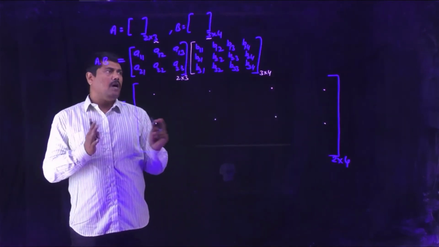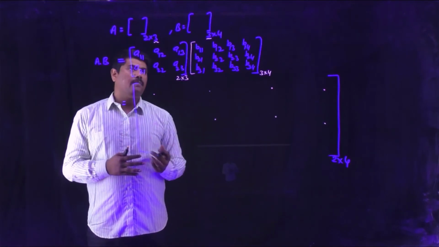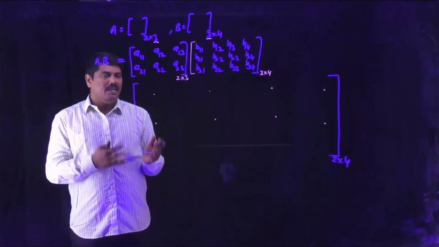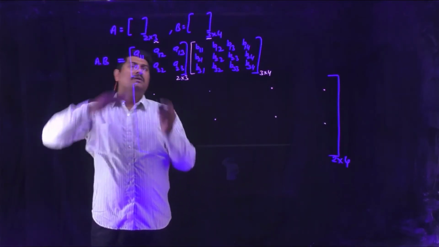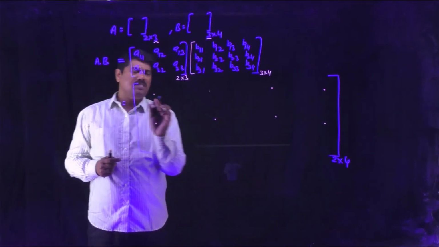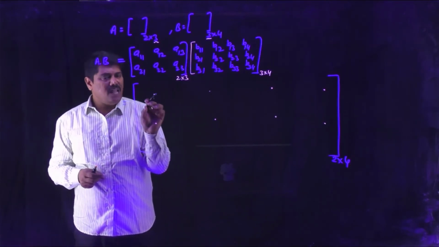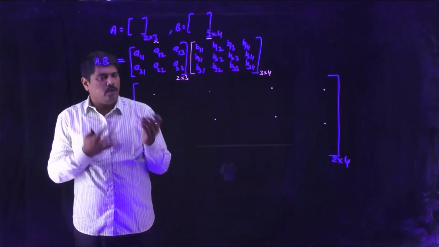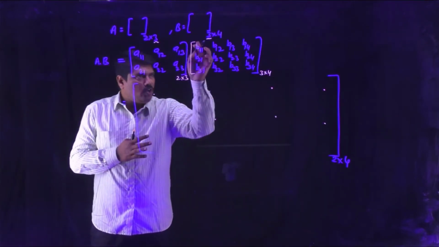Now here you have to observe, after discussing in general format, what is the process of multiplication? Multiplication of 2 matrices is multiplying row with column. This is the first row, first column, so it itself indicates what process we are going to do. First row, first column means multiply the first row with the first column.